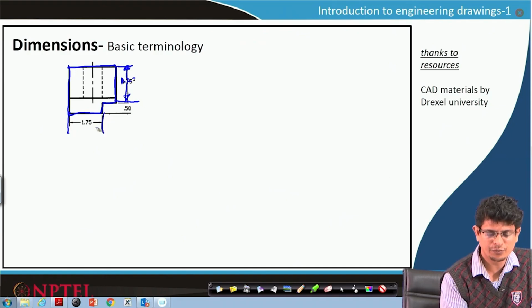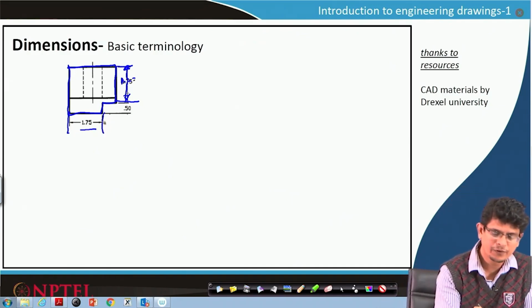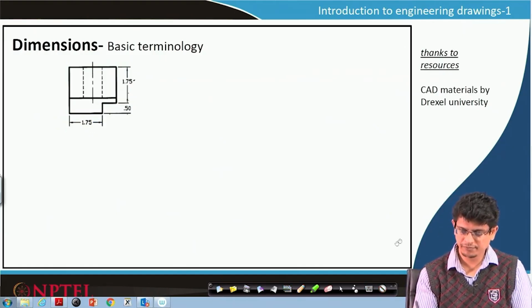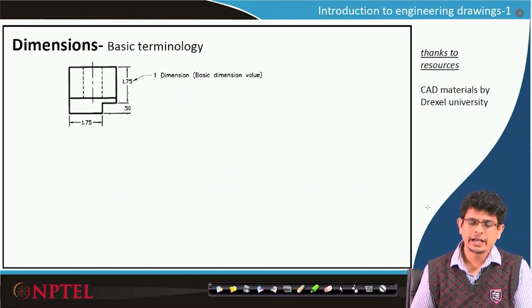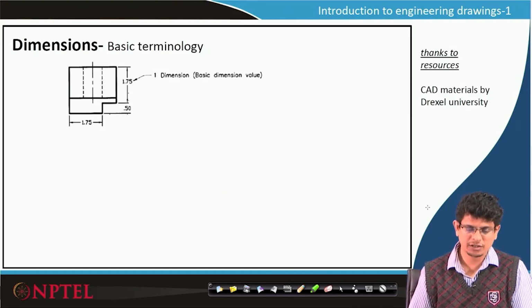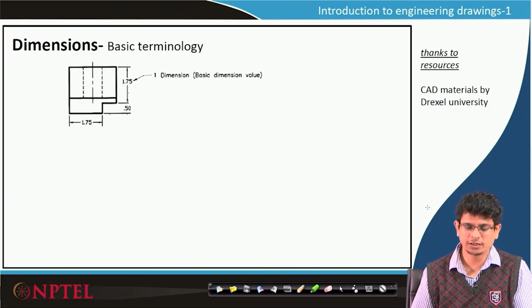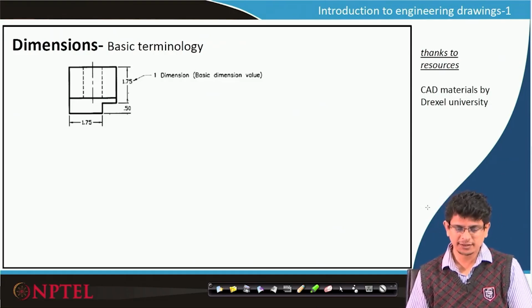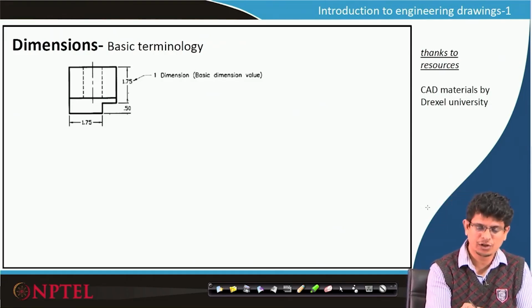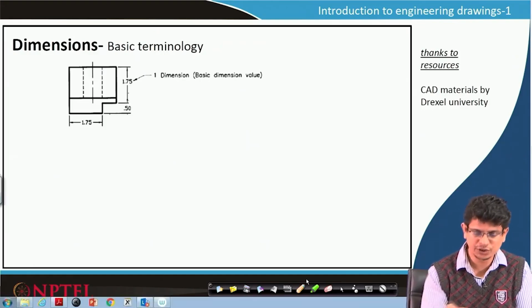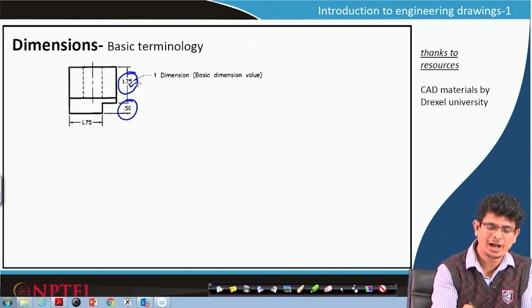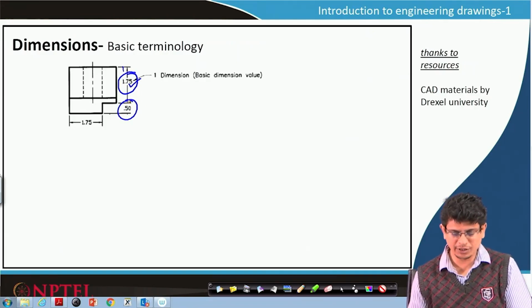Similarly, here also we are showing some numerals with arrows. Those are called dimension. Precisely, these are the large scale information. So, we call that as basic dimension value. There are small information also, this is also part of the dimension. So, this is dimension, this is also dimension, dimensional value, and this length is the dimension.